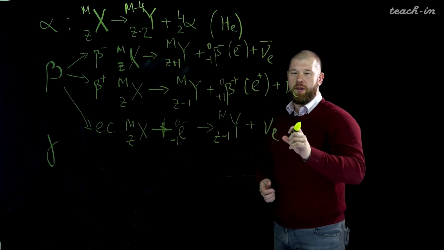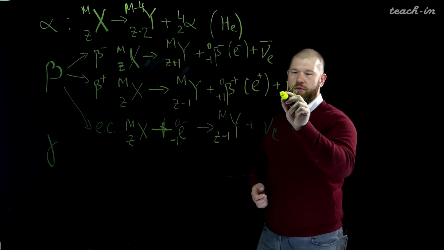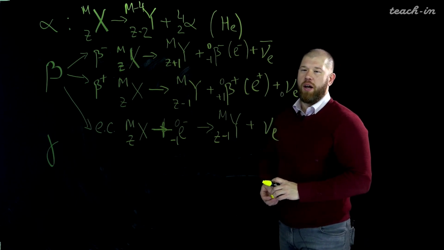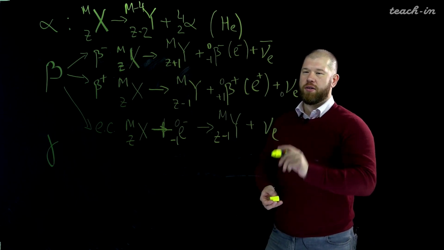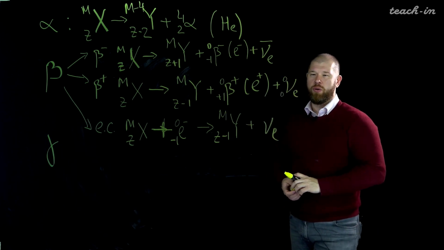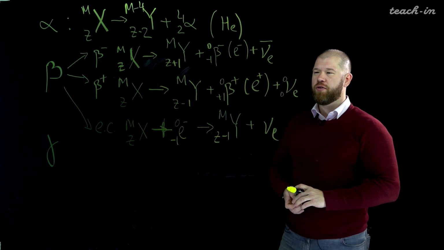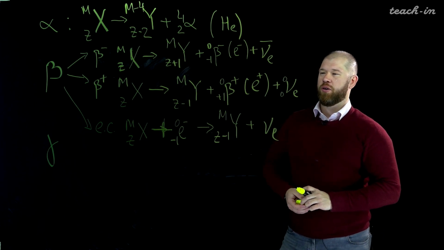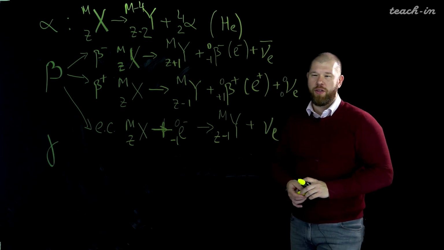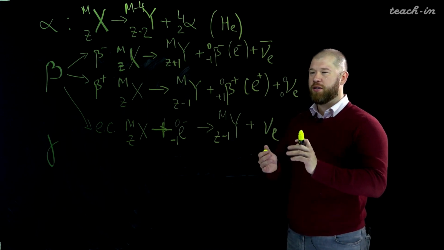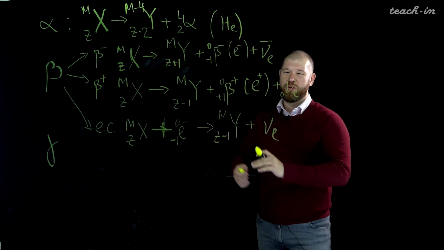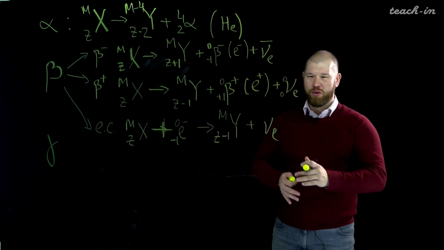And the charge of the neutrino is 0, so it's a neutral particle. And the mass is also almost 0. We still don't know the exact mass of neutrino. We only know for the moment that it is at least 200,000 times less than the mass of electron. And we remember that the mass of electrons is around 2000 times less than the mass of protons.